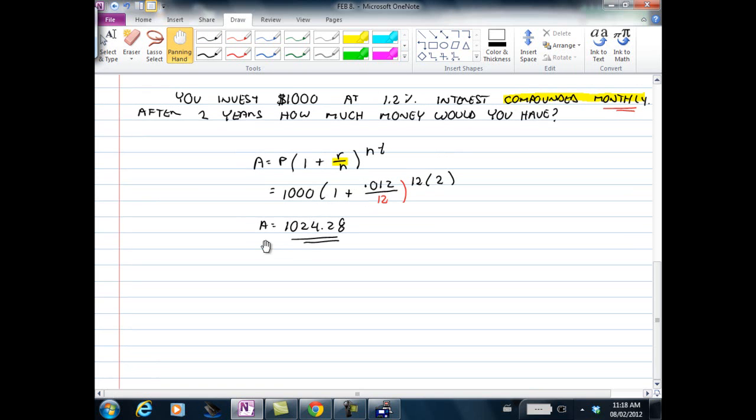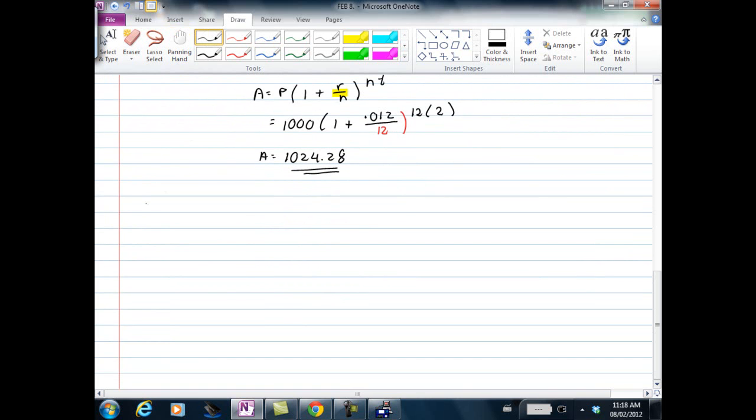But somebody said, Mr., we didn't need logs. We just used a simple formula. Here's your next part, B. Type 2? Nope, we're not even done type 1 yet. Let's say I want to calculate how long would it take for you to double your investment?